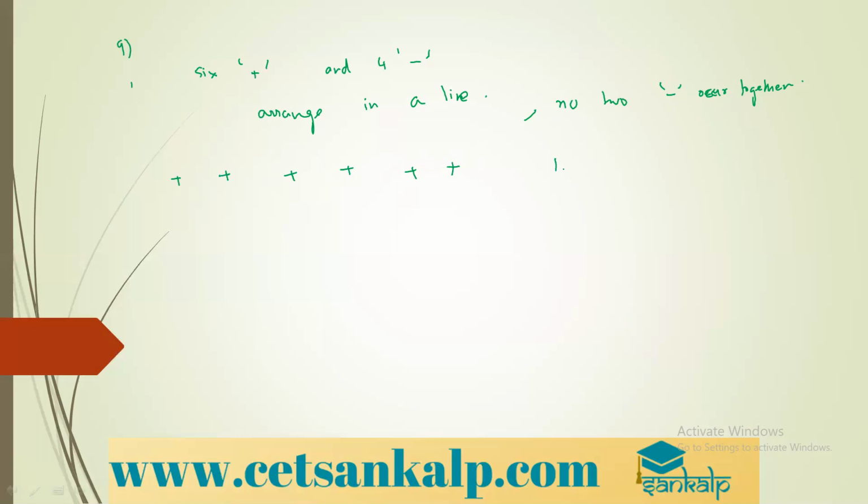So only one way is there to arrange the positive signs. Now, after arranging the positive signs, no 2 minus signs occur. So the minus signs have these places. How many places are there? 1, 2, 3, 4, 5, 6, 7 places are there.